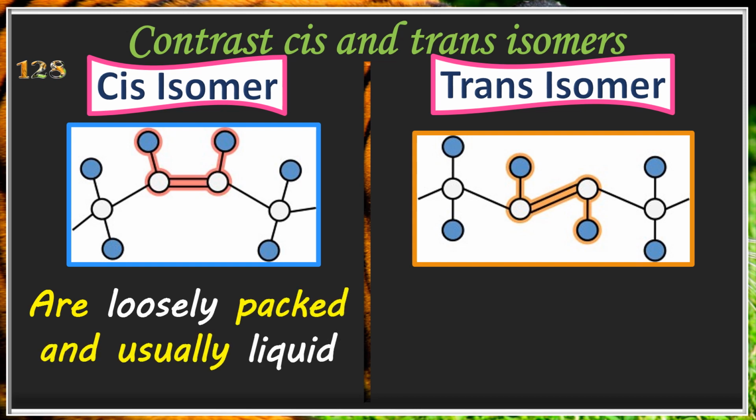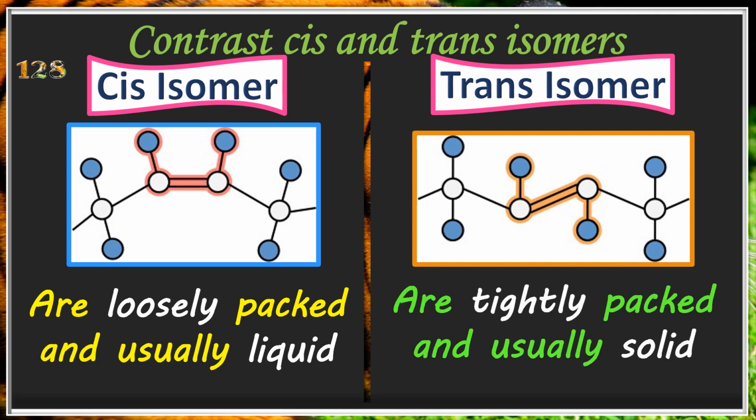Cis isomers are loosely packed and they are usually liquids, whereas trans isomers are tightly packed and they are usually solids.